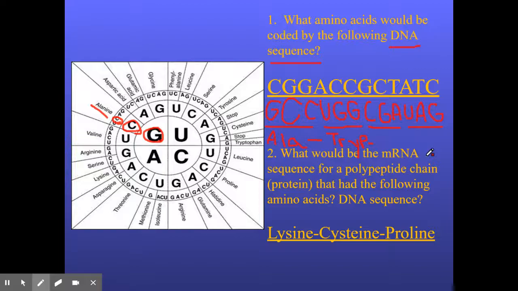This codon here. CGA. Hold on. Nope. C, G. What's the next? A. What is it? Arginine. Arg. I'll just do arg because I can't write it all. All right, and then what's UAG?